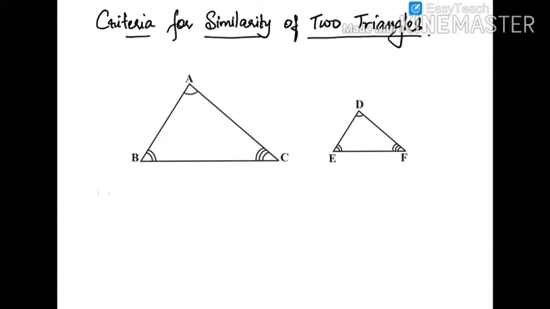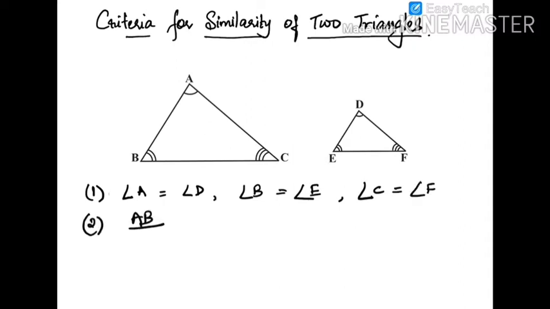So here in the figure we have two triangles. According to the first condition, angle A is equal to angle D, angle B is equal to angle E, angle C is equal to angle F.